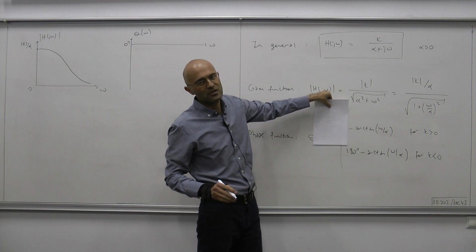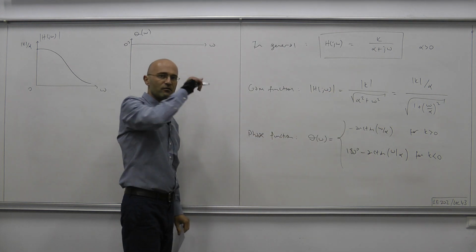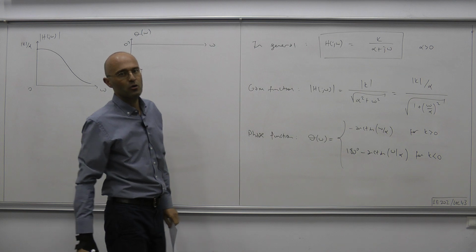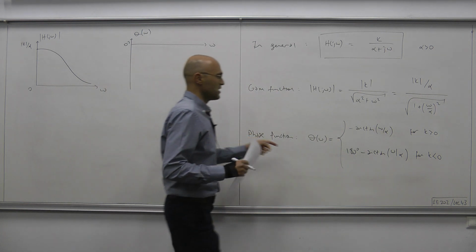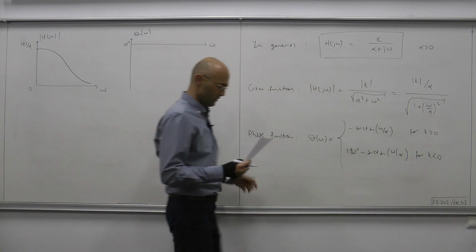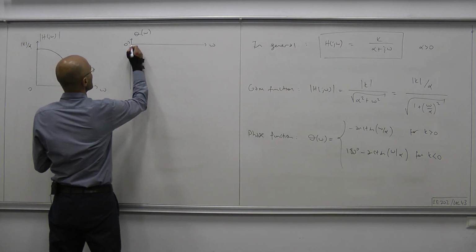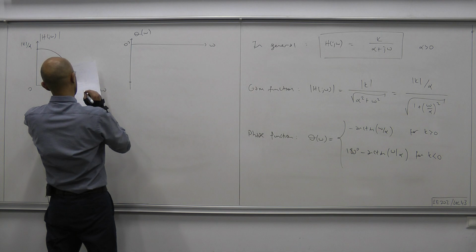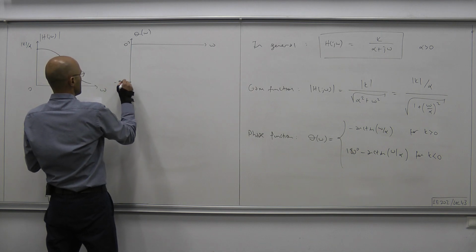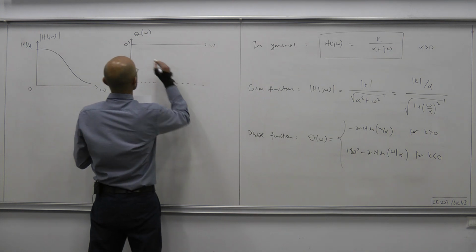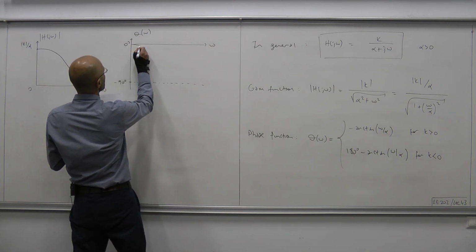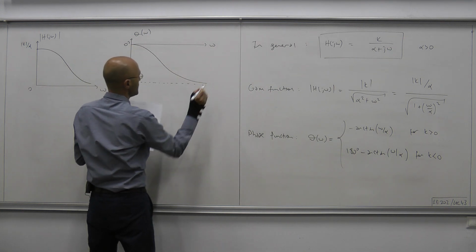But we have a minus sign in front, so that means we start from 0, and as ω goes to infinity, we approach minus 90 degrees. That's the case for K positive. Okay, so this is where we're heading to, minus 90 degrees. And we have this monotonic shape.